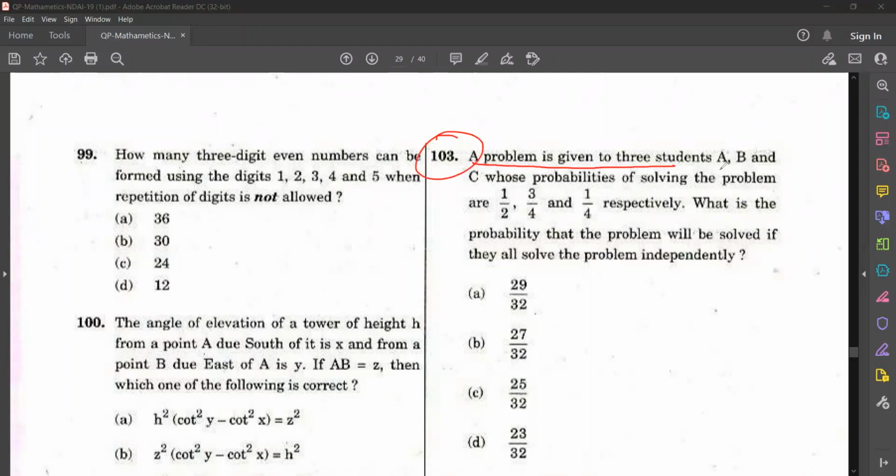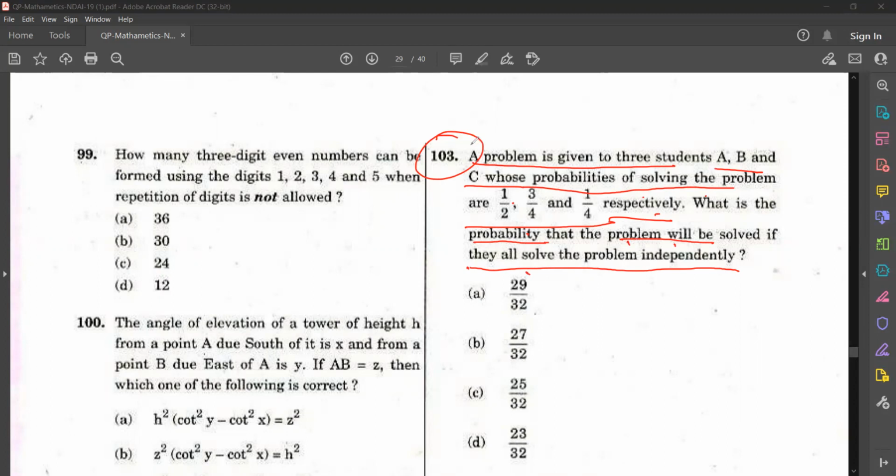The problem is given to 3 students A, B, and C, whose probabilities of solving the problem are 1 by 2, 3 by 4, and 1 by 4 respectively. What is the probability that the problem will be solved if they all solve the problem independently?